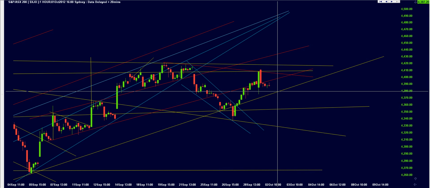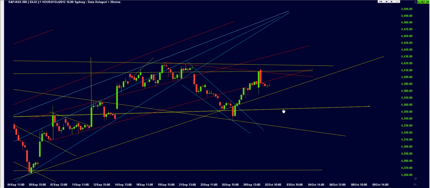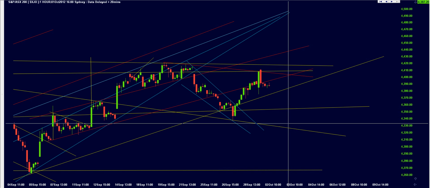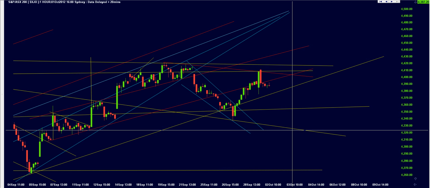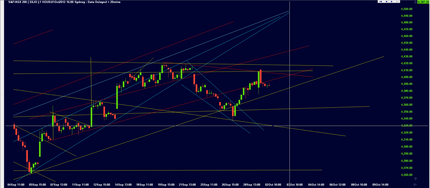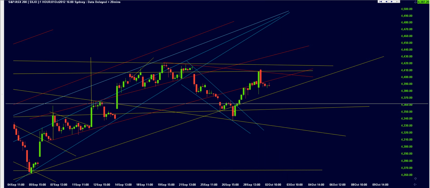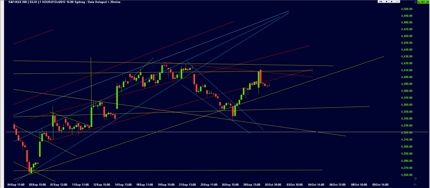Now, if this bottom ascending channel line breaks, we can expect our next area of support would be down on this area here at 4,360. And I would expect, though, that this bottom boundary line would hold the markets up if we broke this area here. Now, this bottom descending line is around the 4,330 area, but it is descending, so as the market moves along, it depends where the market would hit on that line, of course.